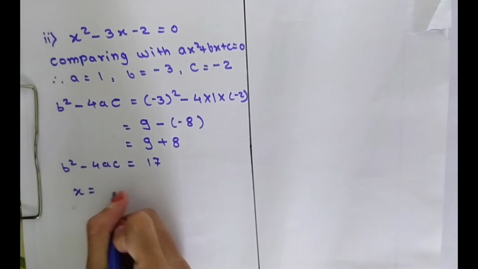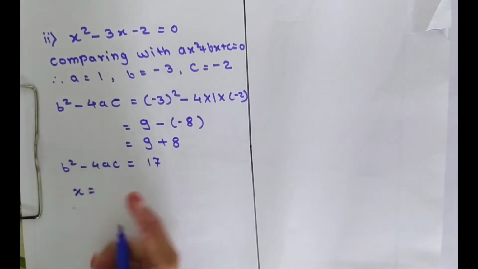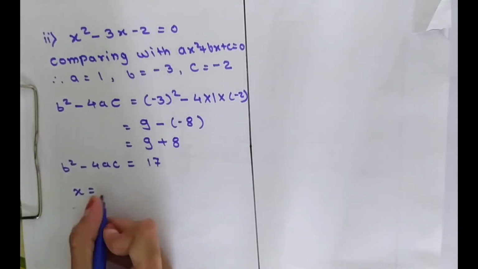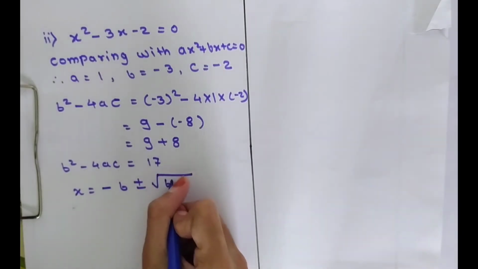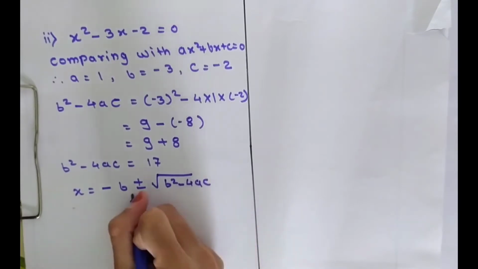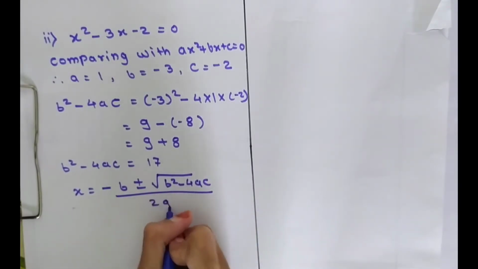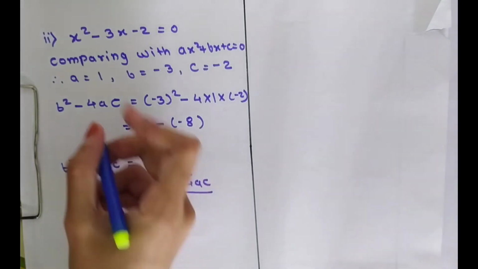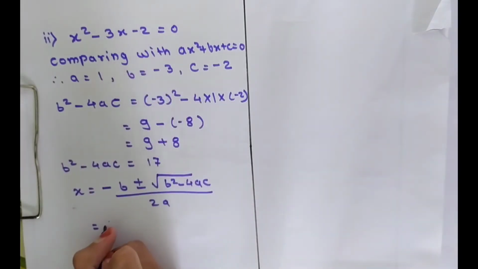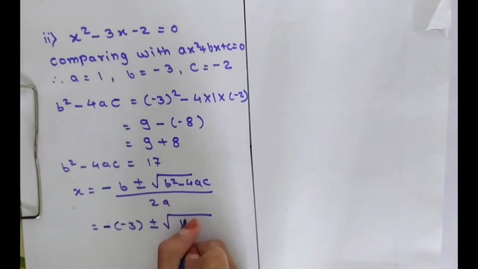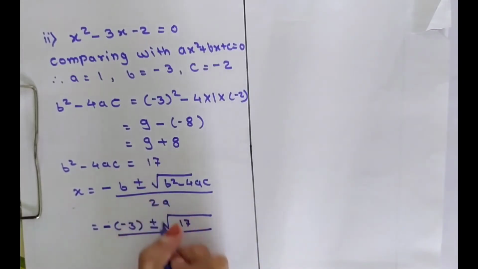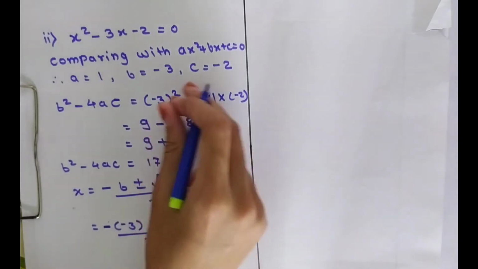Now x is equal to, our formula is x is equal to minus b plus or minus root b square minus 4ac upon 2a. So minus b is that minus sign and minus 3, plus or minus root b square minus 4ac is 17, upon 2a. 2 multiplied by a is 1.